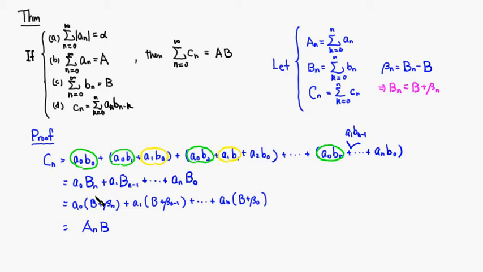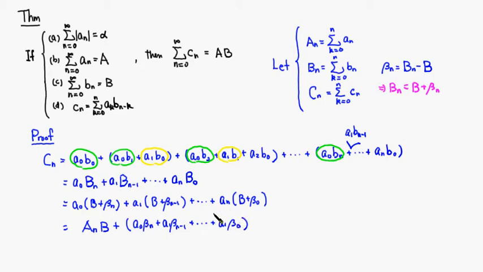Then you have this remaining term: A0 beta_n plus A1 beta_{n-1} all the way to An beta_0.